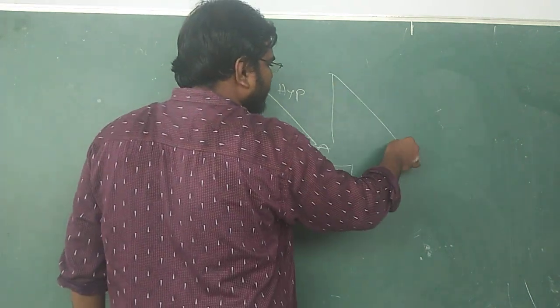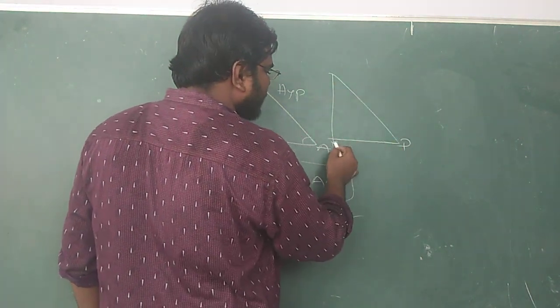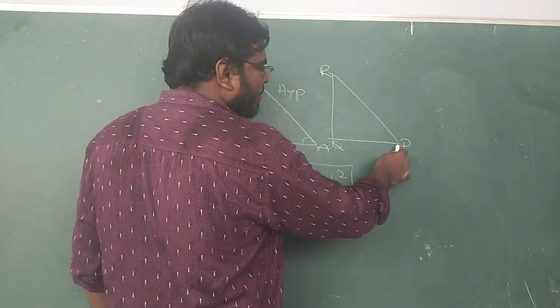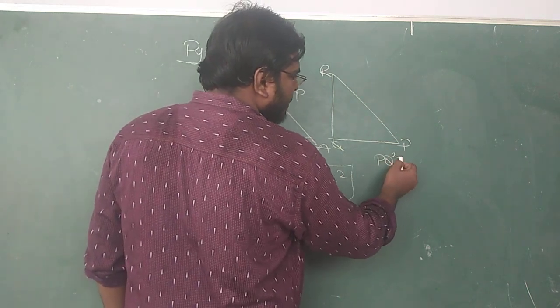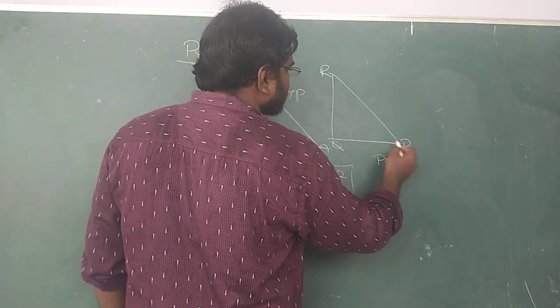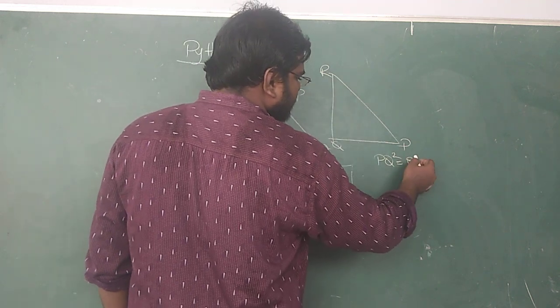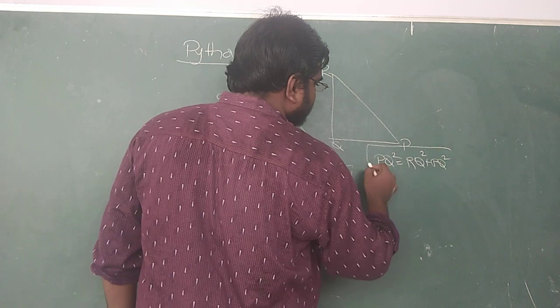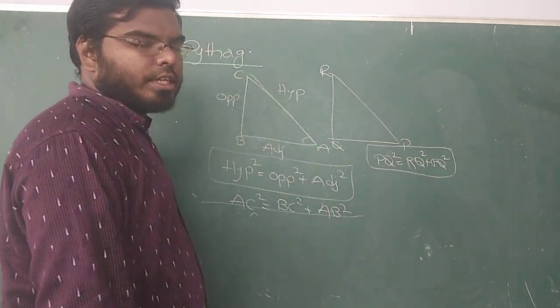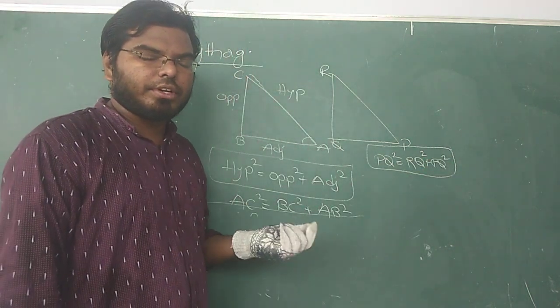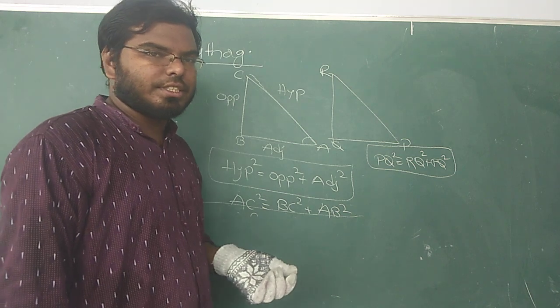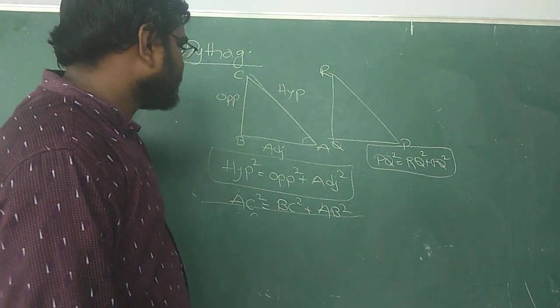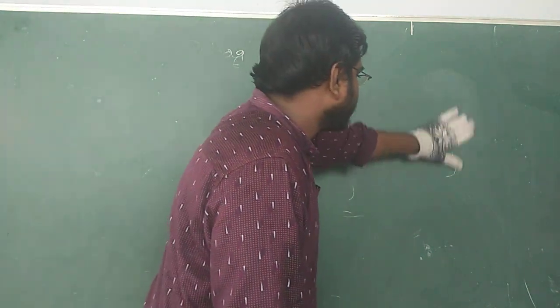Example, here I am giving you one triangle PQR. Now listen, PR square is equal to RQ square plus PQ square. That means the hypotenuse square is equal to opposite square plus adjacent square. Now done.